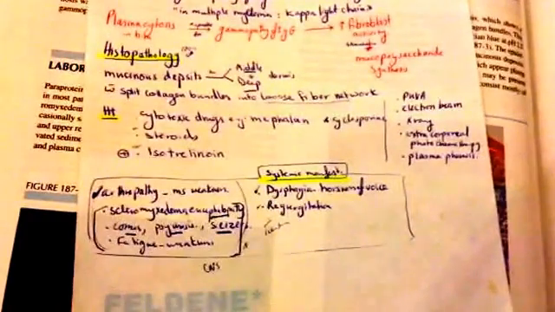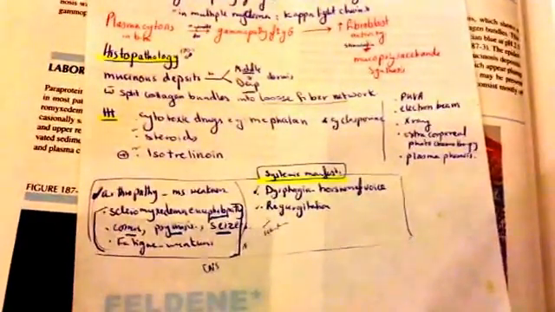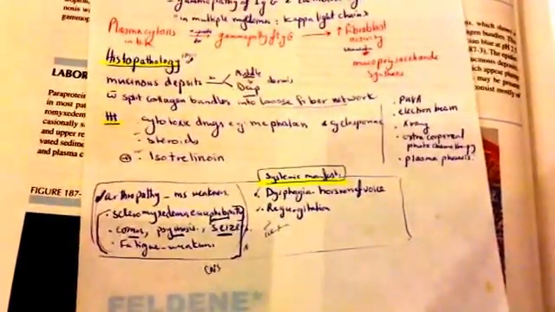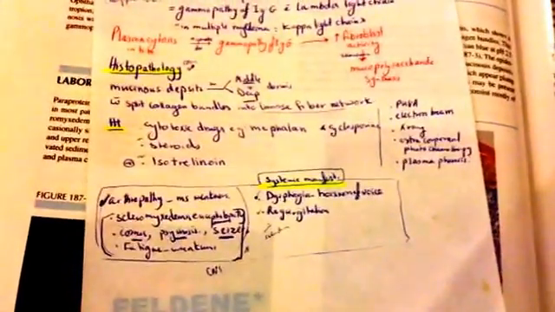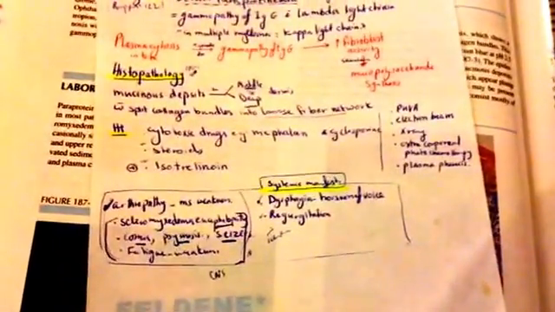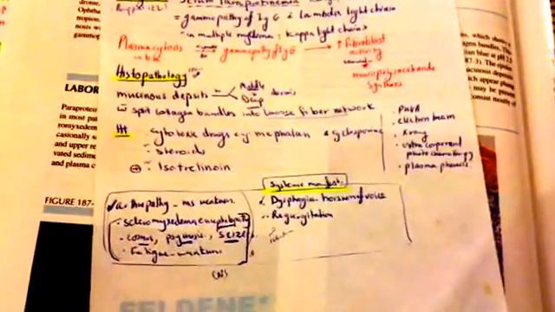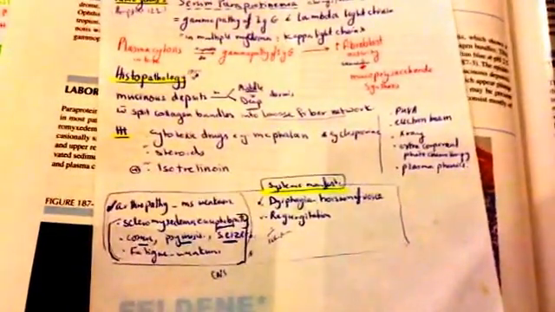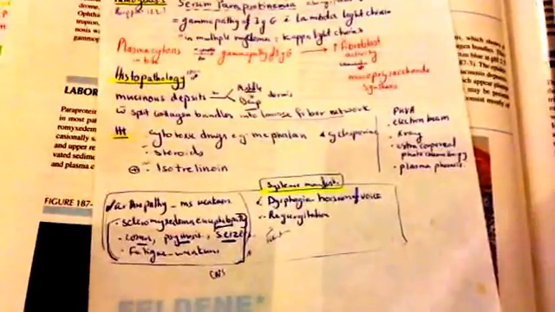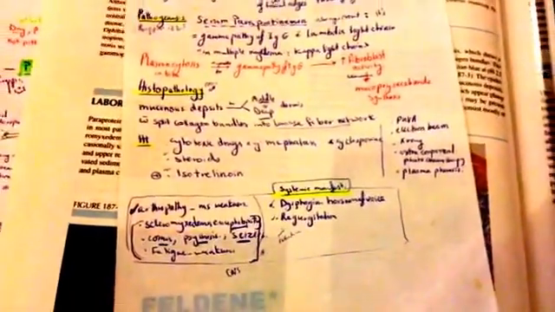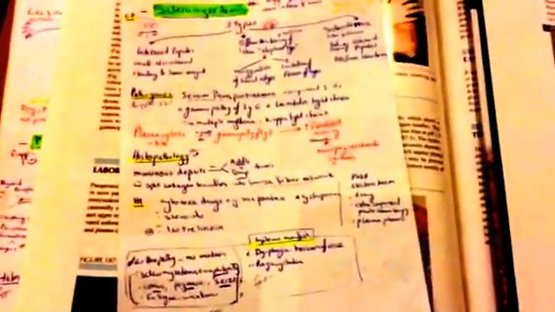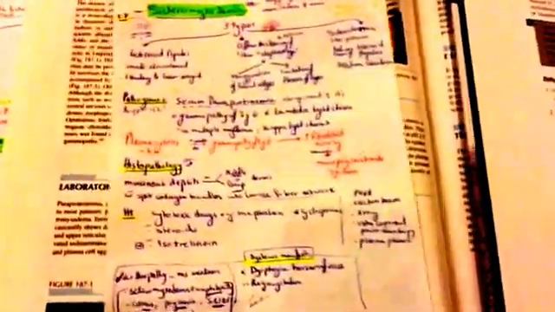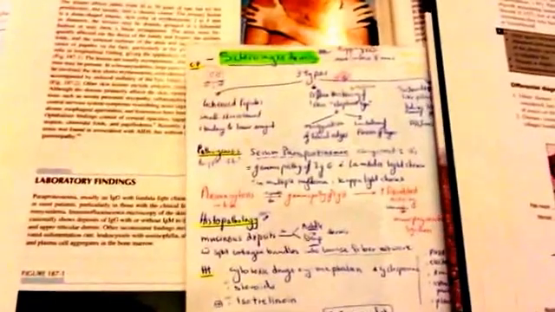Also there are CNS manifestations: encephalopathy, coma, psychosis, seizures, and fatigue and weakness. So this is the scleromyxedema clinical picture, pathogenesis, histopathology, and treatment, and also the systemic manifestations.